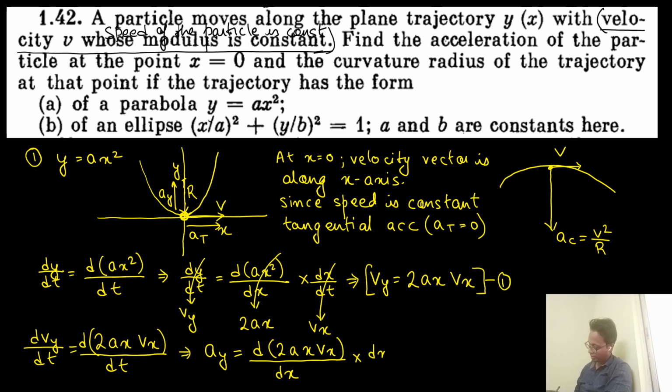into dx by dt. Since there is some lacking space, I'll try to solve it out here. dx by dt can be written as vx, or x component of velocity. This 2a is constant, so can I take this 2a outside?